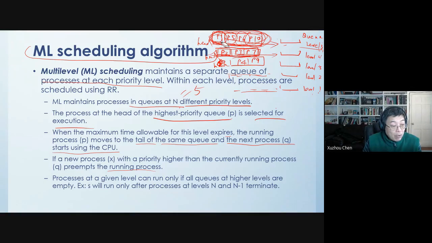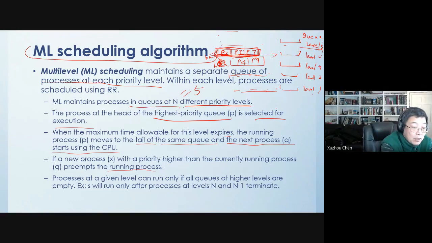Now suppose in the highest level, all the processes are completed. So this level of queue is empty. And then the operating system scheduler is going to check the next queue and start to execute the processes in there.